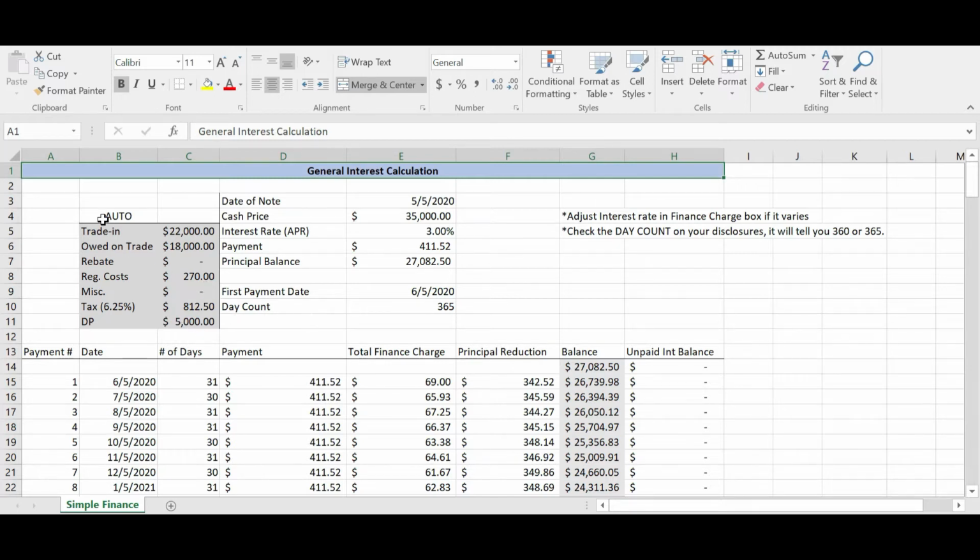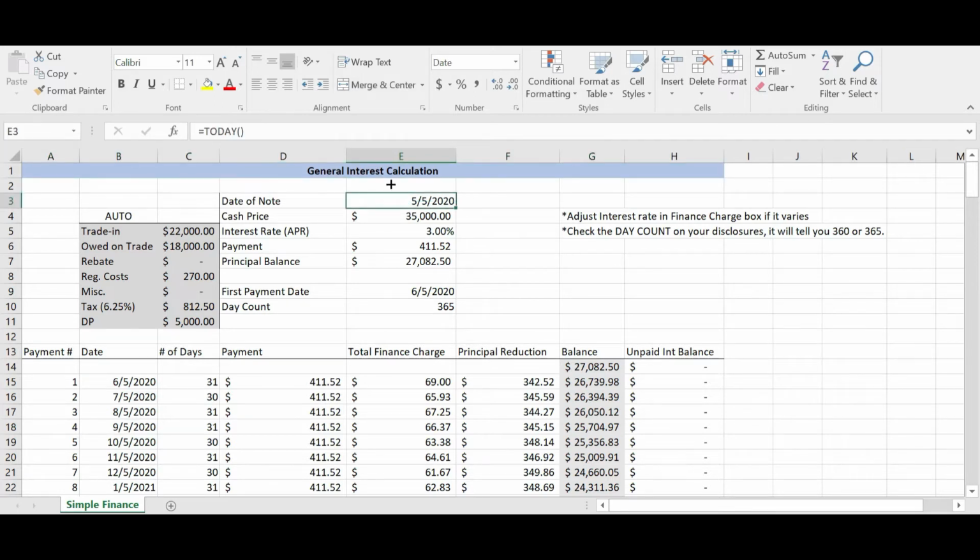Now, I'm not going to go into a how-to video on this, look at how to construct it, but I'll show you just really quickly some of the formulas that I have built in here. So for starters, the date of the note, I've got equals TODAY in parentheses. I like that because the second you open it up, it auto-populates to today.